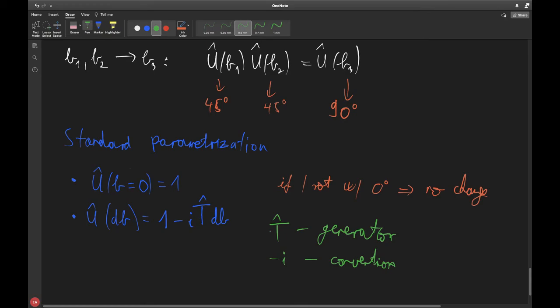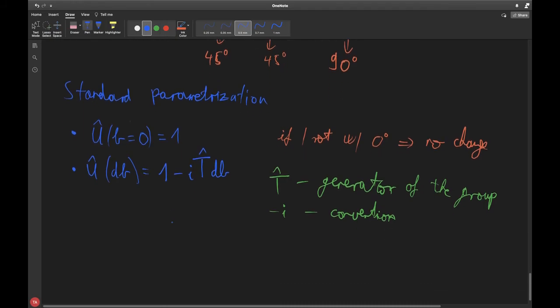So the T is the generator of the group. What I was mentioning with this convention is that if I take the dagger, the adjoint of this operator, then I go in the other direction, so it's going to be plus i T db.